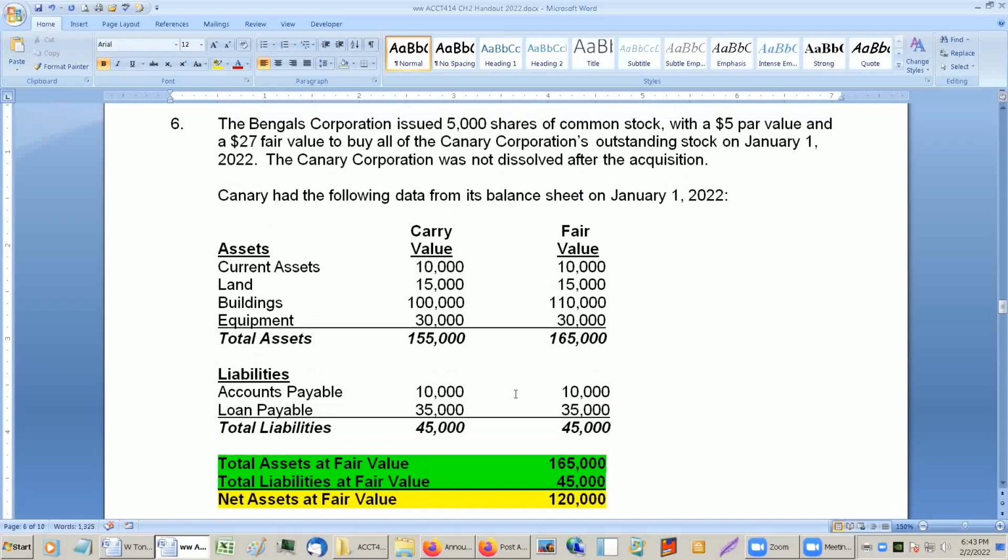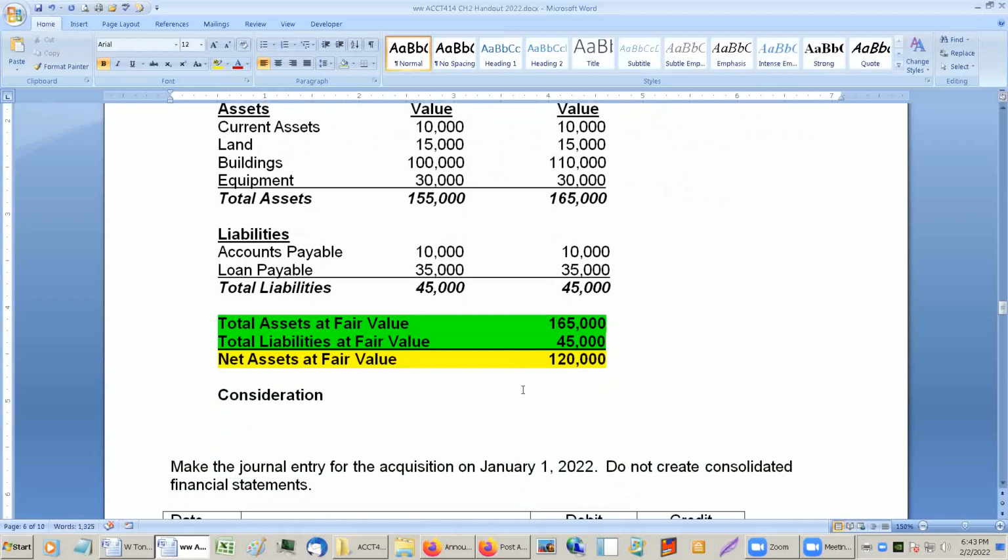So common stock, $5 par value, was it 25,000?